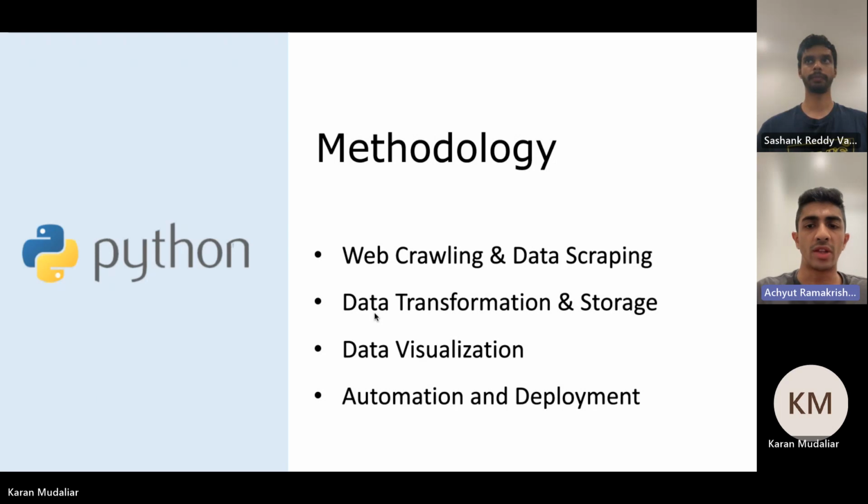Second is the transformation and storage, where we will be getting the unstructured, untidy data, which we will transform and, in the end, store in a format which will be useful for us in the next stage. And that would be the data visualization part, where we will be looking at our clean data in a way that would be useful for end users with a lot of graphs and charts.